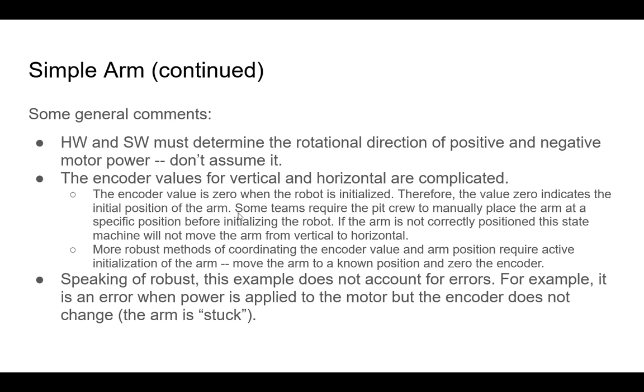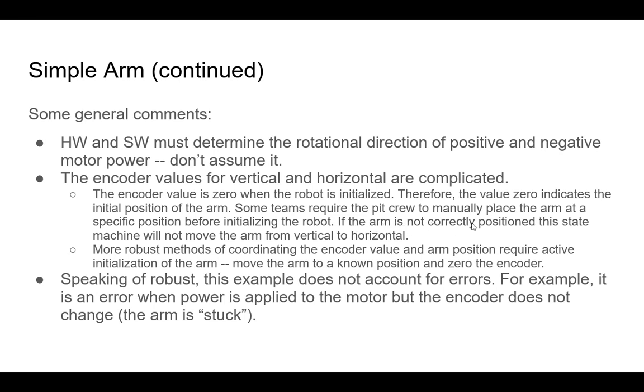Now, some teams require the pit crew to manually position the arm to a very specific position, so they know that position is 0 because that's what the encoders are going to call it. By the way, the pit crew are the people working on the robot with you.